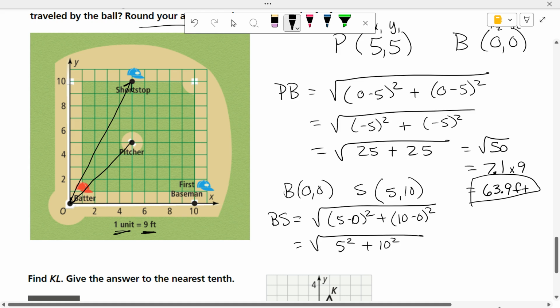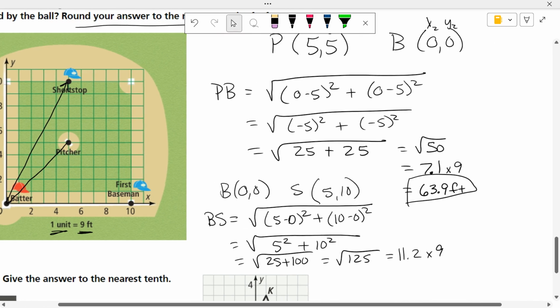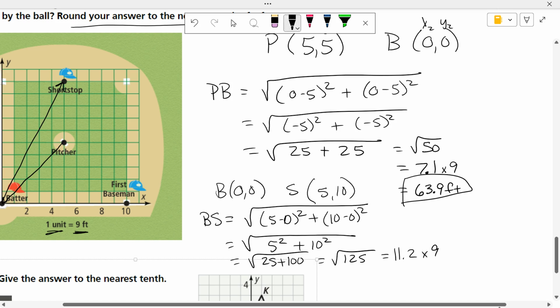What's 5 squared? 25. 10 squared? 100. So on your calculators, take the square root of 125. And I bet that's like 11.2-ish. 11.2. Take that times 9. 100.8. So the baseball traveled 100.8 feet from the batter to the shortstop.